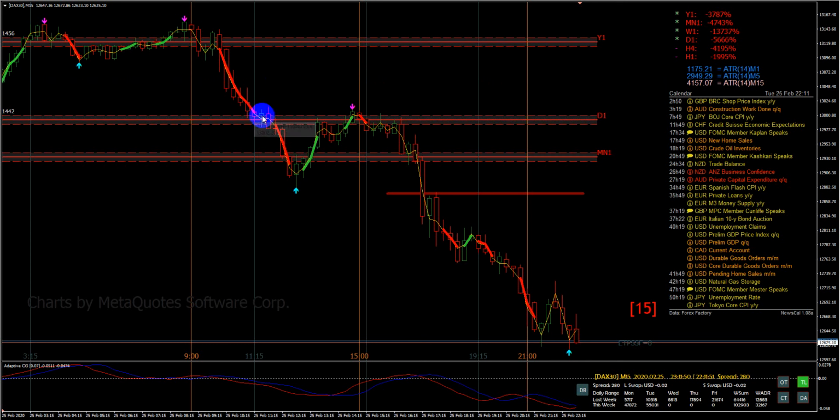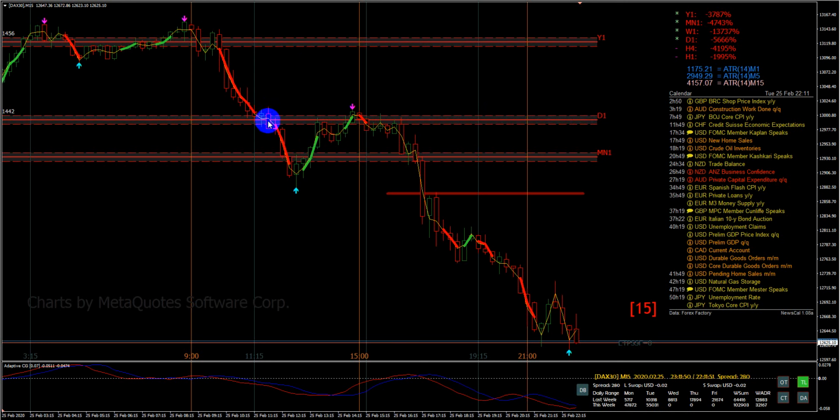But we don't know if the market is gonna go up now or continue down or maybe consolidate sideways. We don't know. This is the Dada's daily pivot, right? So it's an important point. So we should basically wait.